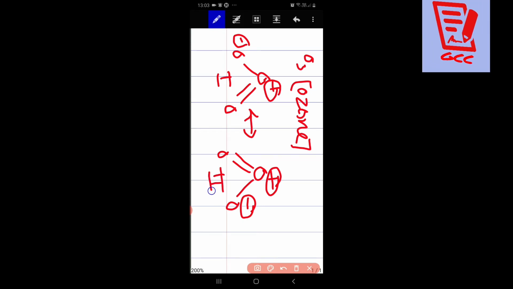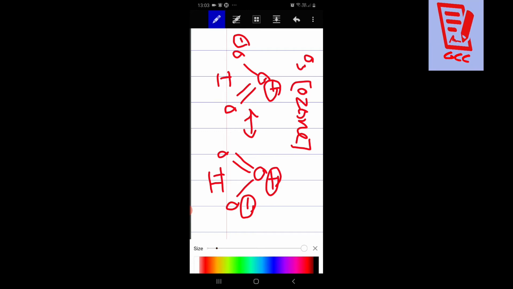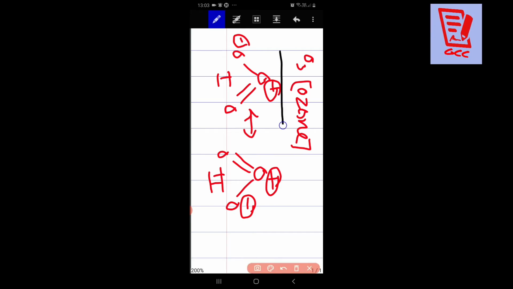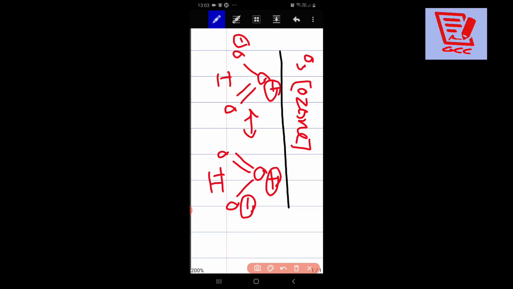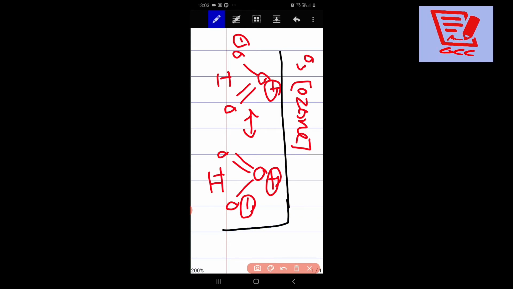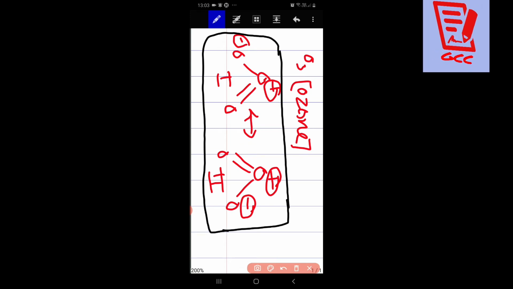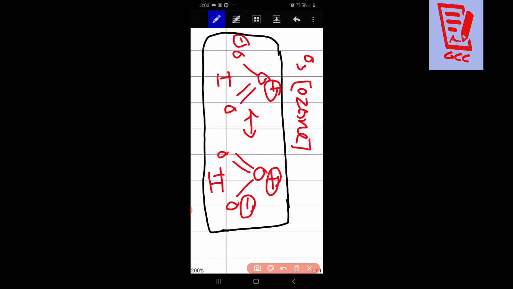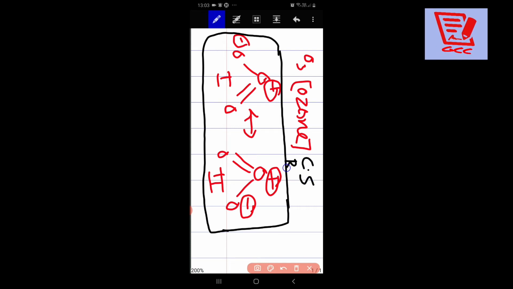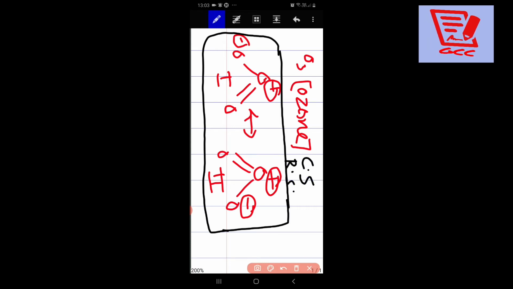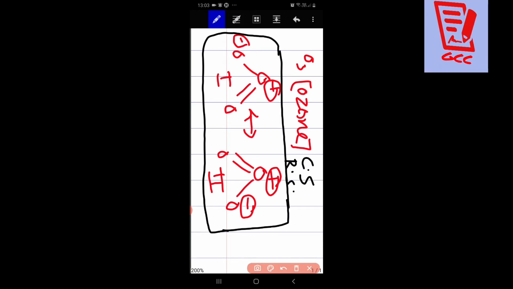As I already told you, these two structures that we have made are known as canonical structures, or you can call them resonating structures.